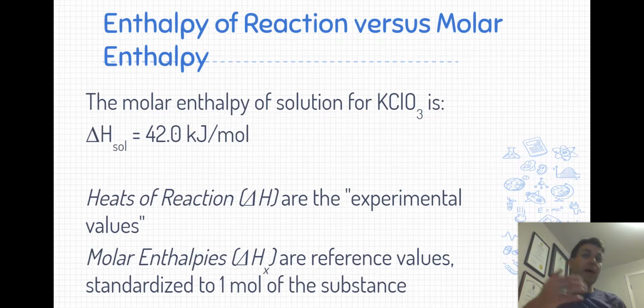If we know the amount of energy that is exchanged when 1 mole of the substance reacts, we can use that value and calculate the amount of energy which is exchanged when any amount of that substance reacts. So it's a handy reference value for calculating heat exchanges. And in the following video, we'll go through some examples of calculating heat exchanges using molar enthalpies.